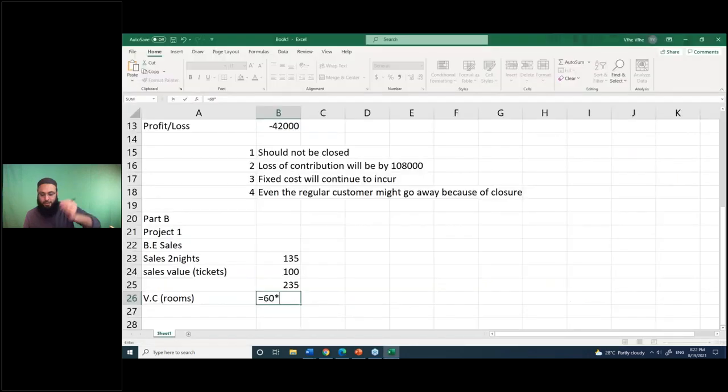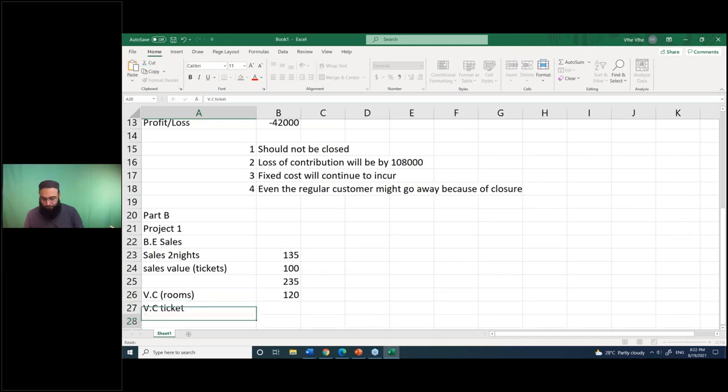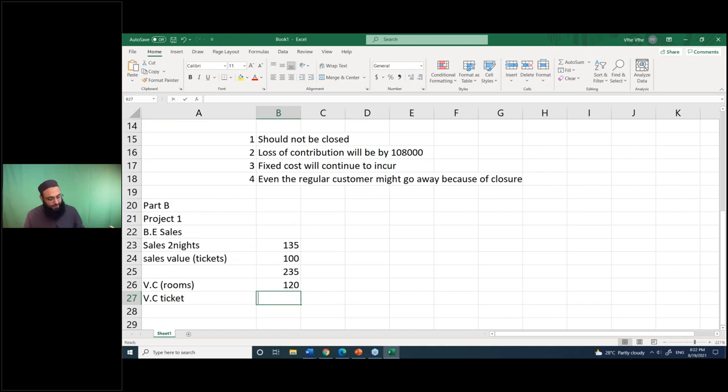So it's 60 into 2. Then you have the variable cost of tickets that ALCA needs to bear, and that's the special price of 95. Okay, so done with this one as well.